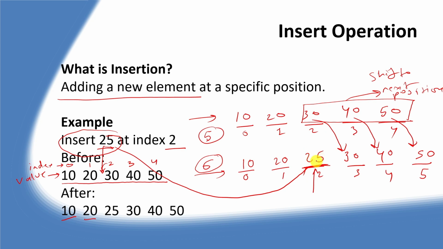So 25 will come here. So this will be the final array: 10, 20, 25, 30, 40, 50.